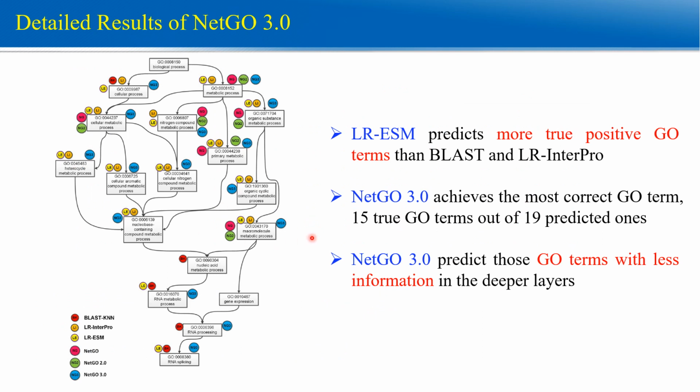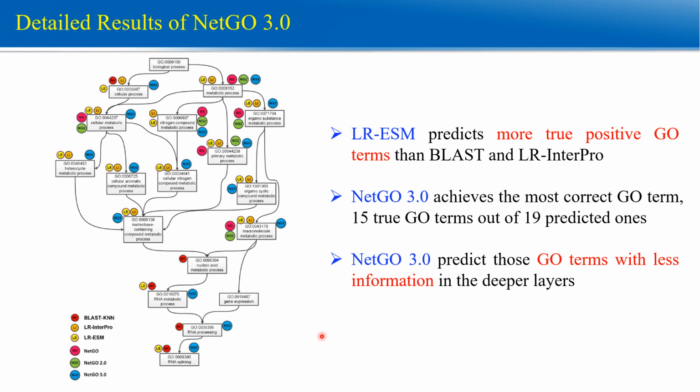Here we select a difficult protein as a case and show the results obtained by NetGO 3 and its competing methods. This picture depicts the directed acyclic graph according to the relationships of 18 GO terms in biological process ontology. LRESM predicts 14 correct function labels, which is the most in component methods.